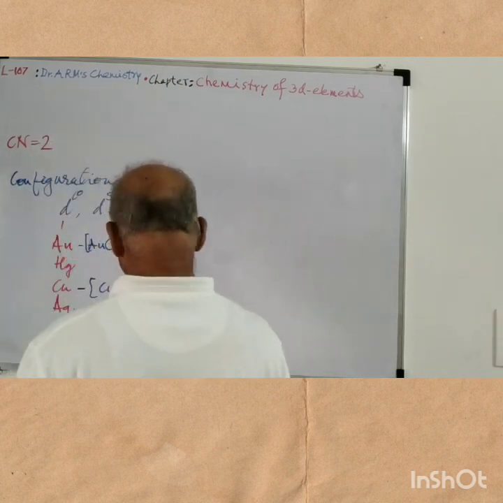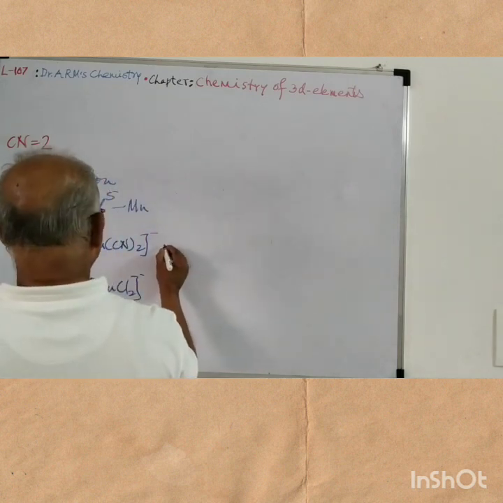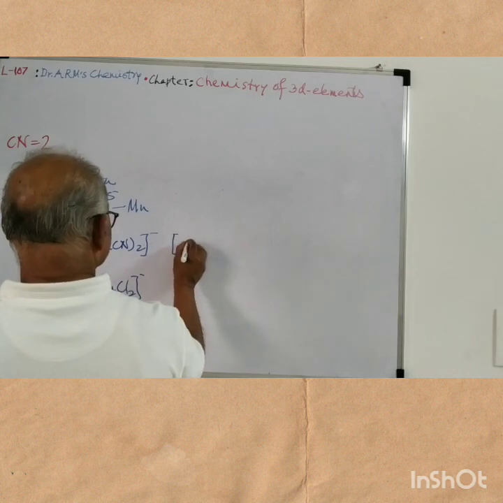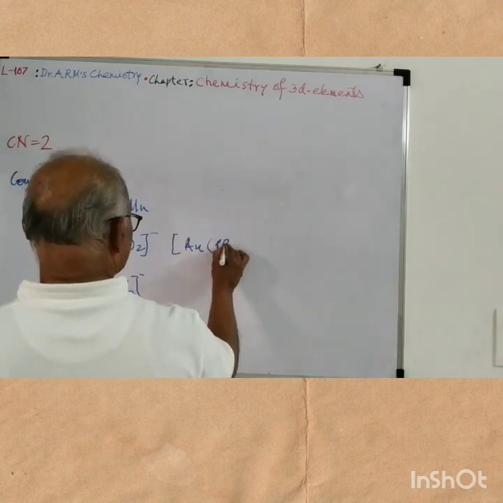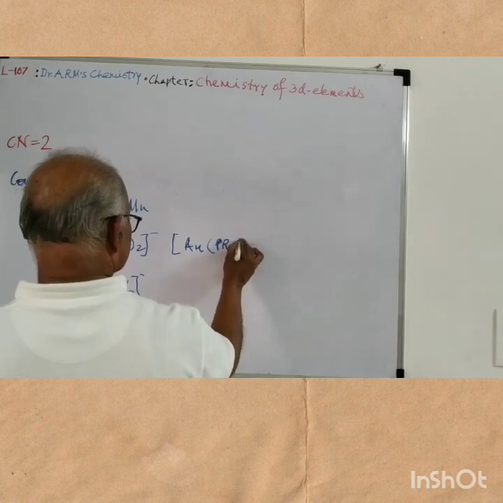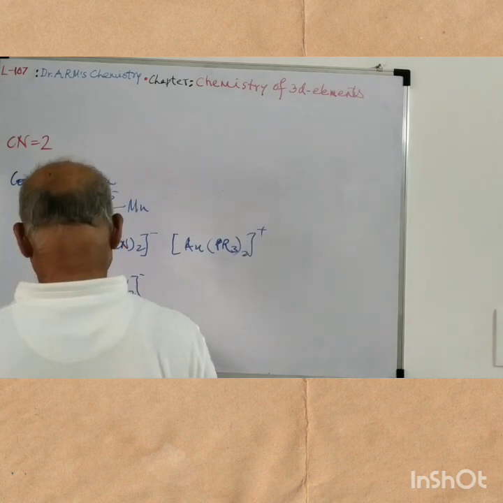Also we can have a variety of examples such as Au(PR3)2 plus.